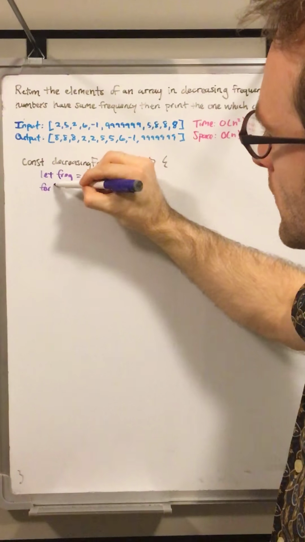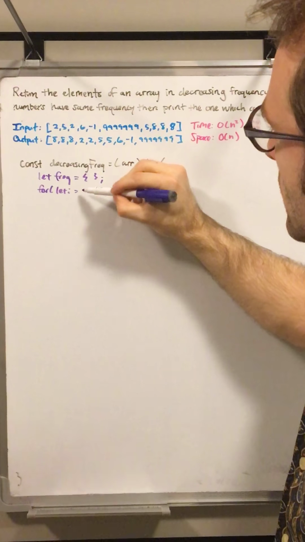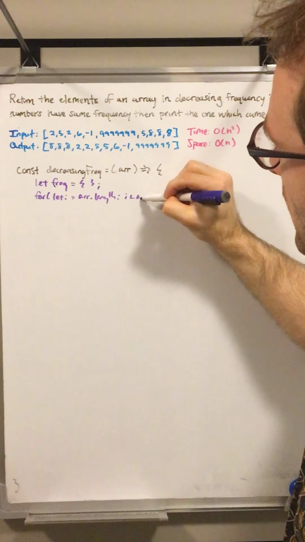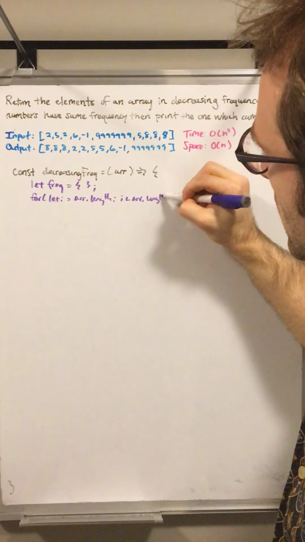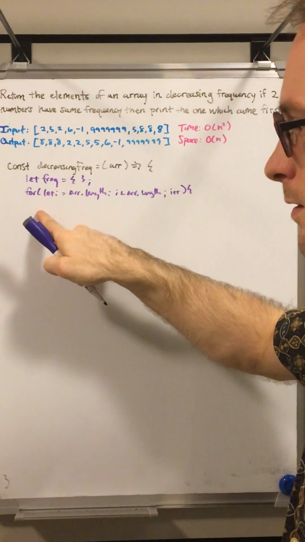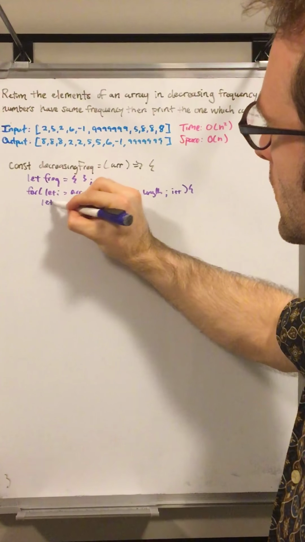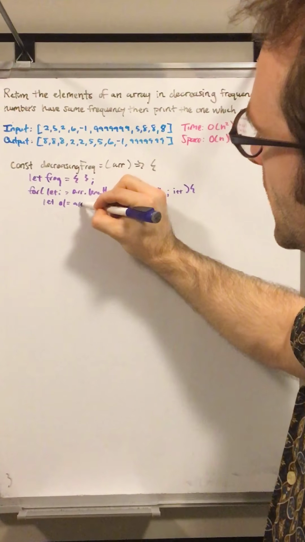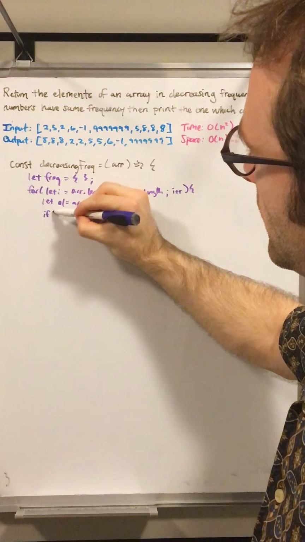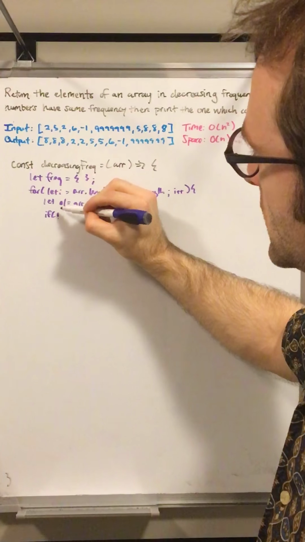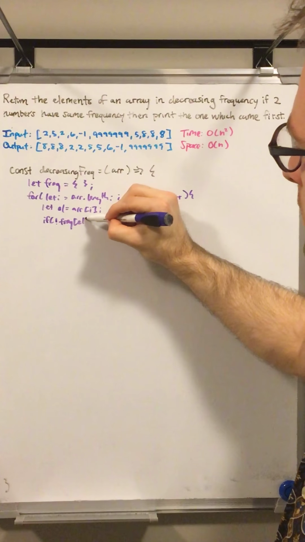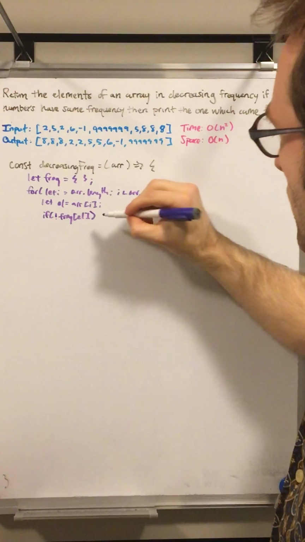So we're going to loop over the given array, and we're going to call the element L, and we're going to say if the element is not inside of the frequency hash, then we are going to add it.